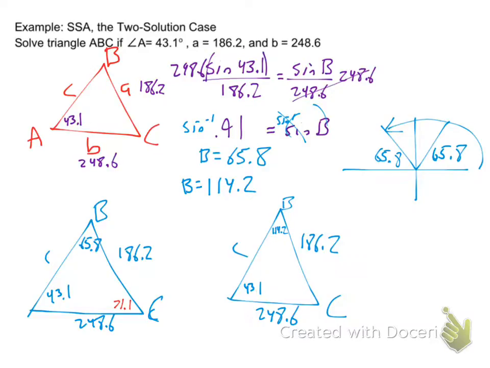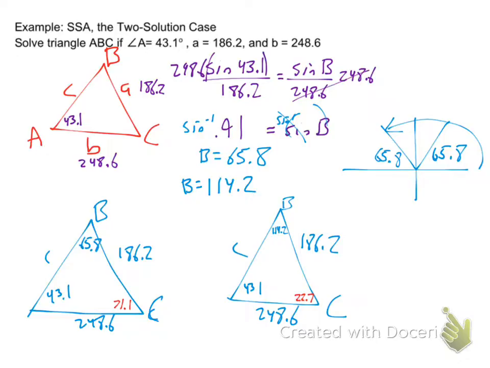That would be an acute triangle. If I go to the other one, 43.1, 114.2, what's the last one? 22.7.